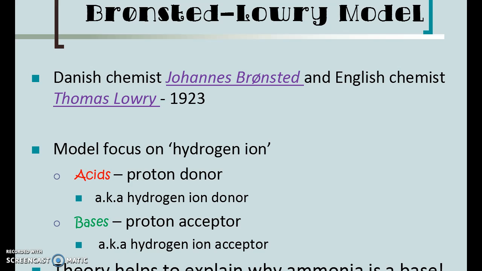This helped us better explain why other items were considered bases, like ammonia. So let's change our language. Now we say that acids are proton donors and bases are proton acceptors. You could also say that acids are hydrogen ion donors, and likewise that bases are hydrogen ion acceptors.